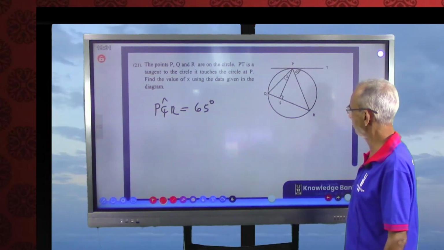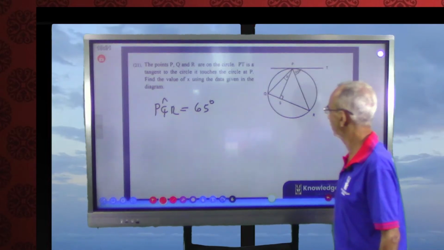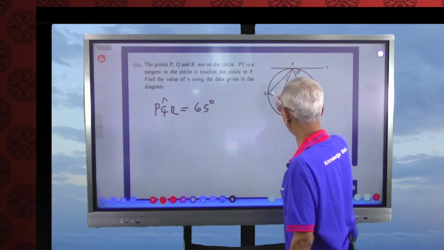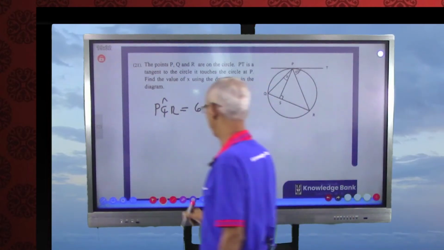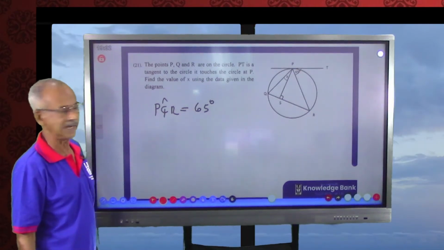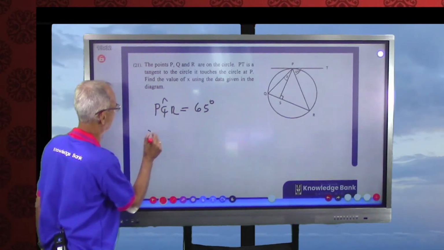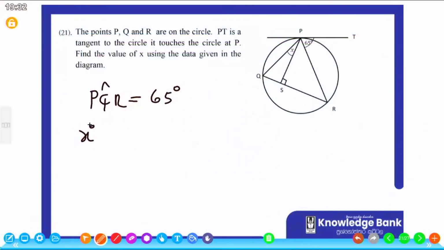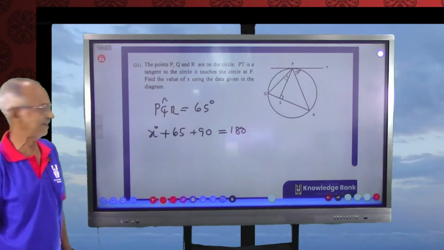If we take the triangle PQS, we can write x + 65 + 90 = 180 degrees. The reason is the sum of the interior angles of a triangle is 180 degrees.